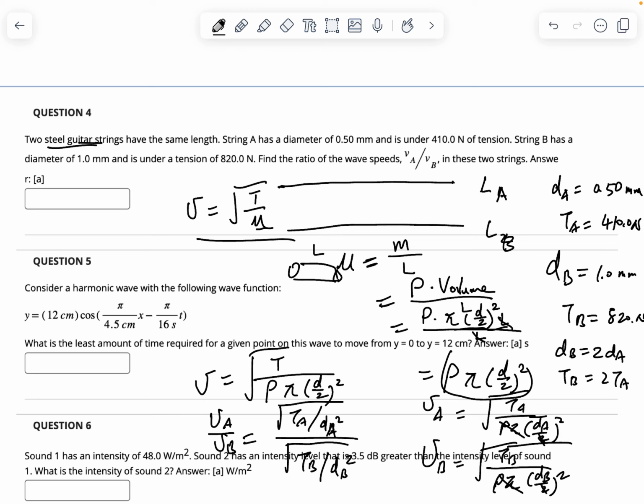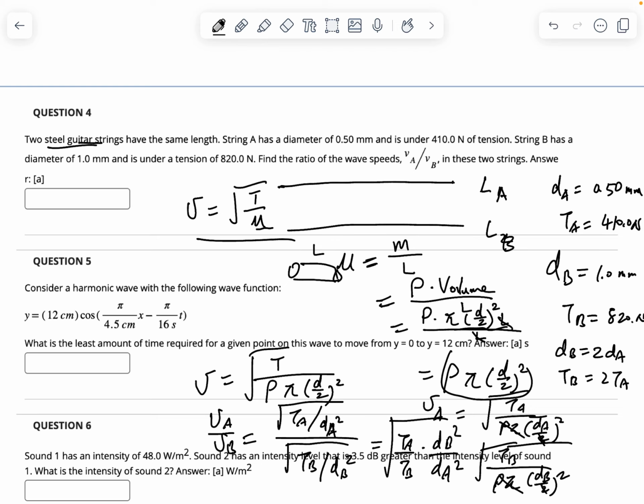Okay, cancel the common part. So this actually equal to square root of TA over TB times dB squared over dA squared.